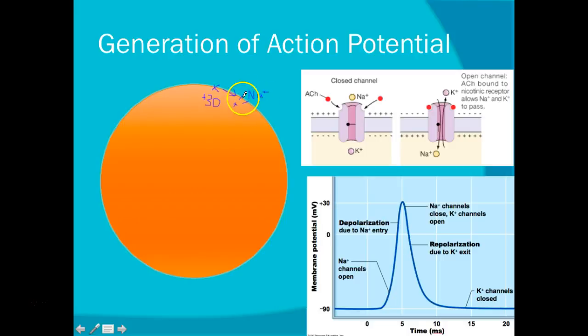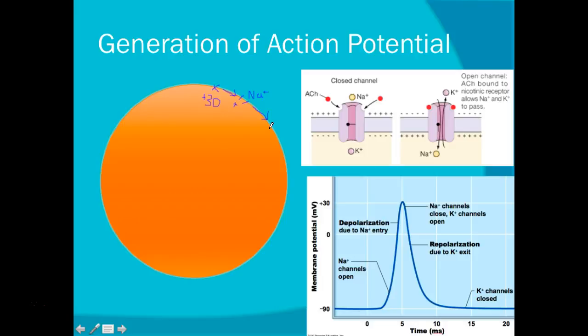Once this reaches its threshold of positive 30, then it's going to continue down the sarcolemma to cause the next part to move to positive 30. And so these action potentials are eventually going to cause the contraction, which we'll get to in the next slide.